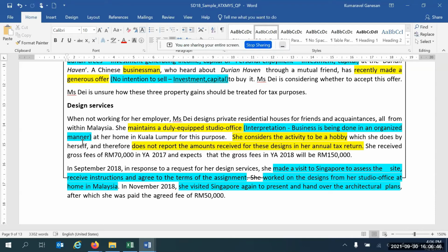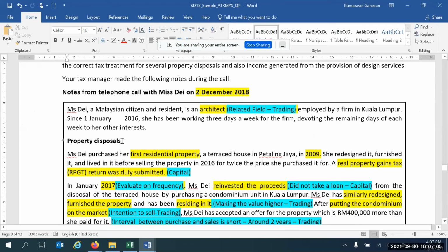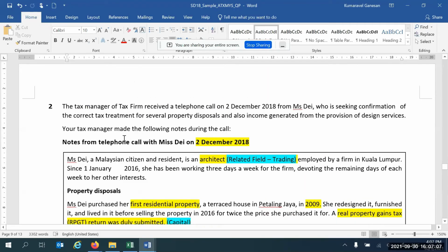Is she doing it regularly? I think she's doing it regularly because there's some information given here at the top. Devoting her remaining days to her other interests. See, this is before the property disposal, so it may be relevant for both scenarios.